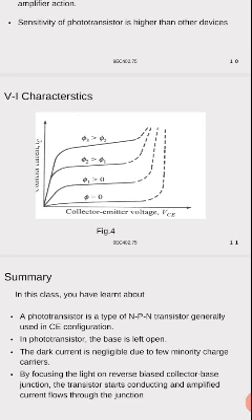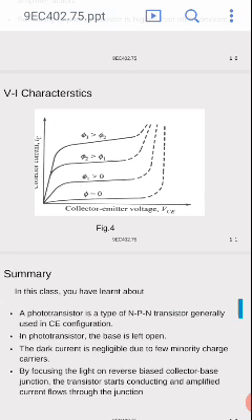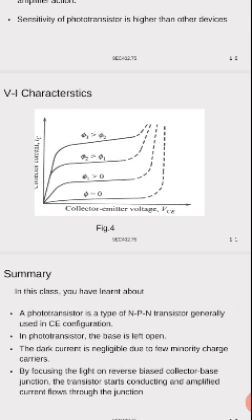The current is negligible due to few minority charge carriers. By focusing the light on reverse biased collector base junction, the transistor starts conducting and amplified current flows through the junction.